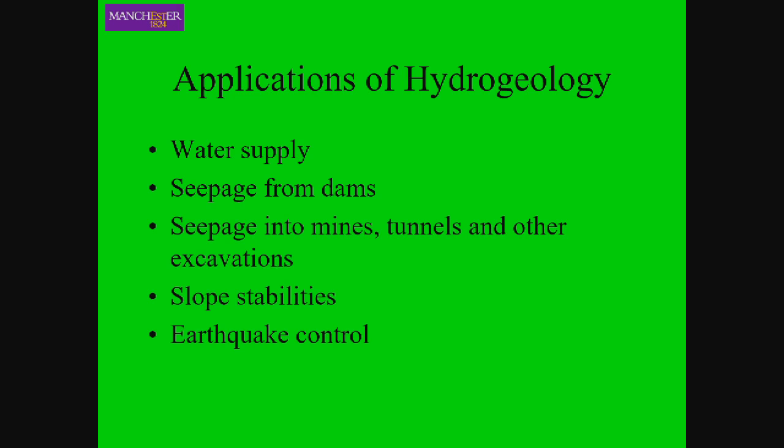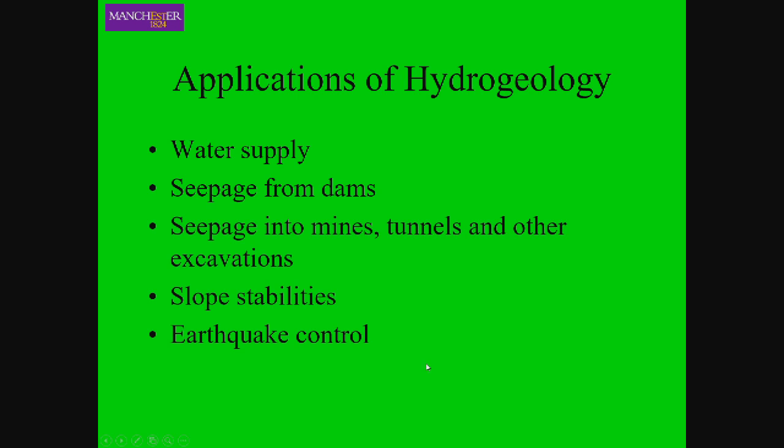So the first one, applications. There are some fairly obvious ones. So water supply is one, modelling seepage from dams, in the mining industry or construction industry, being able to model how fast water will flood mines or flood tunnels. In a few weeks' time, we'll be looking at compressibility and how that controls storage properties of aquifers.